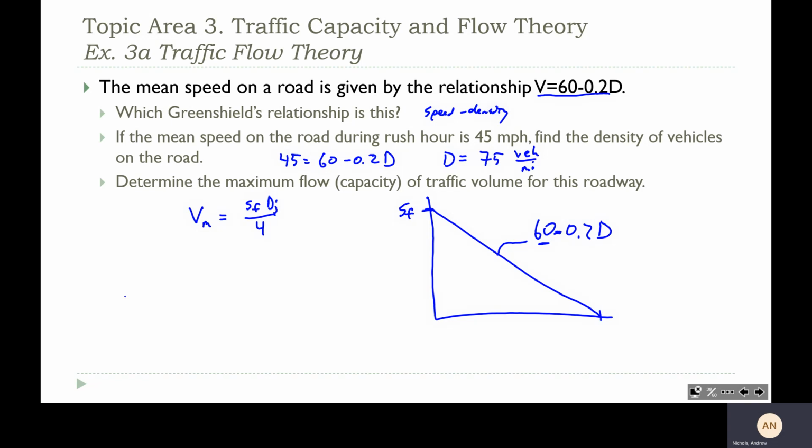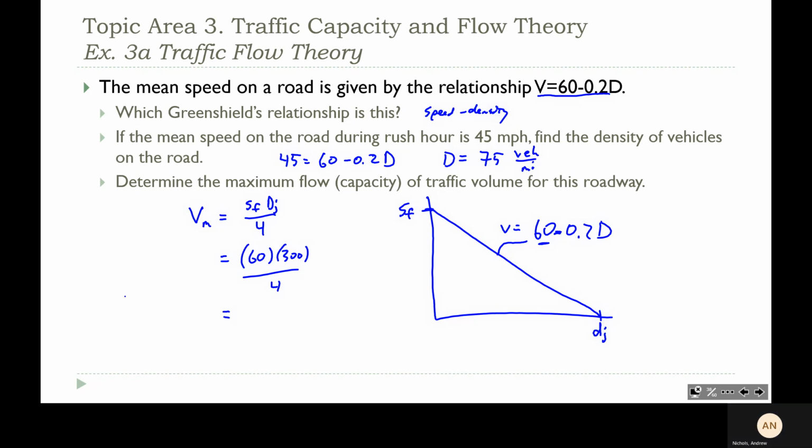And then how can we find DJ? I don't remember if it's uppercase or lowercase. How can we find that value? How'd you get it? Yeah, so if you set V equals to 0, then you can solve for D. And so this becomes 60. Is it 300? Is that what you said it was? I trust you.